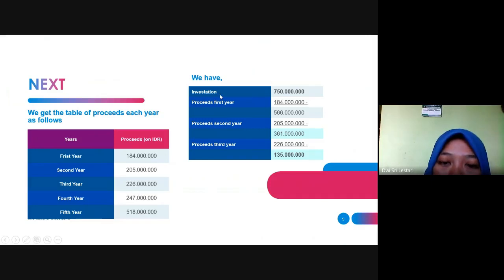And we have investment is 750 million, and we subtract with proceed first year, 184 million. It's equal to 566 million.